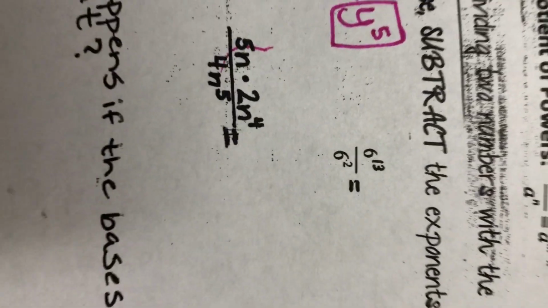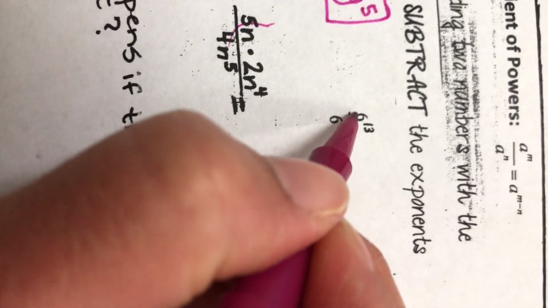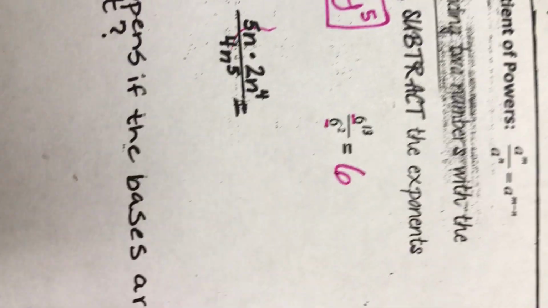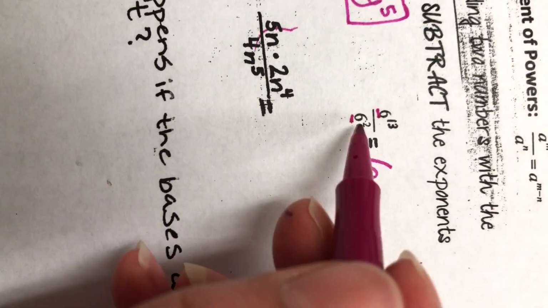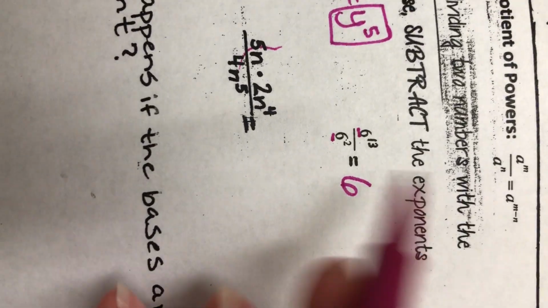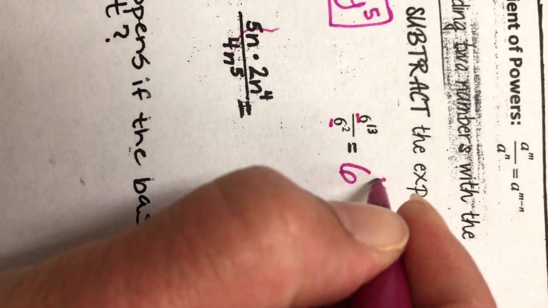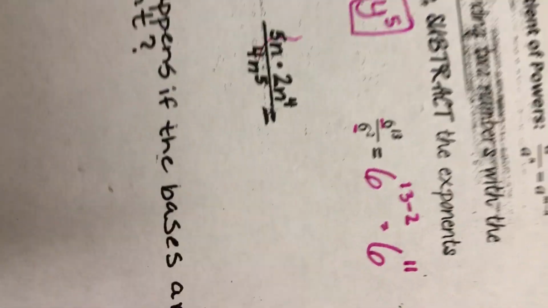Let's do it again. Here, bases are the same. There's no variables, so then I'm just going to leave my 6 alone. When the bases are the same and there's no variables, you just leave it alone. If there had been a variable, I would have had to have done 6 divided by 6, 1. But there's no letters, so leave it alone. And then just do 13 minus 2. And that's 11.